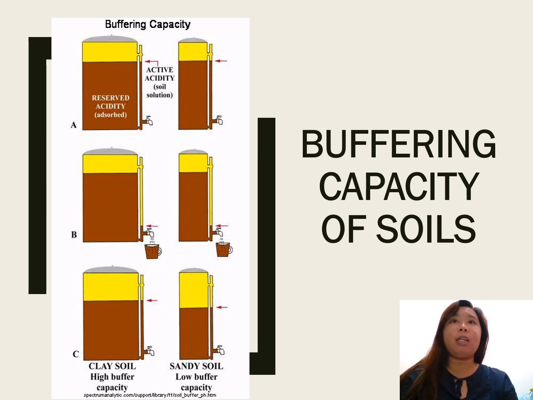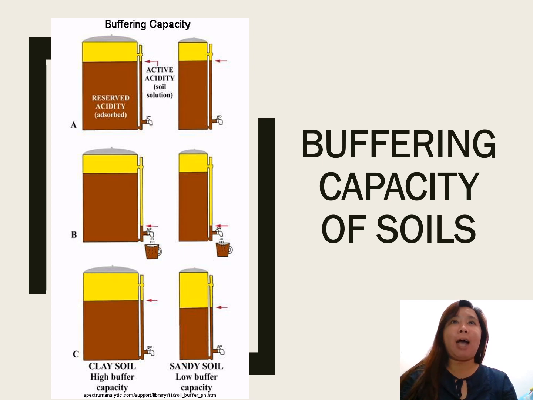The coffee in the pot represents the reserve acidity. The large pot represents a clay soil high in organic matter, while the small pot represents a sandy soil.